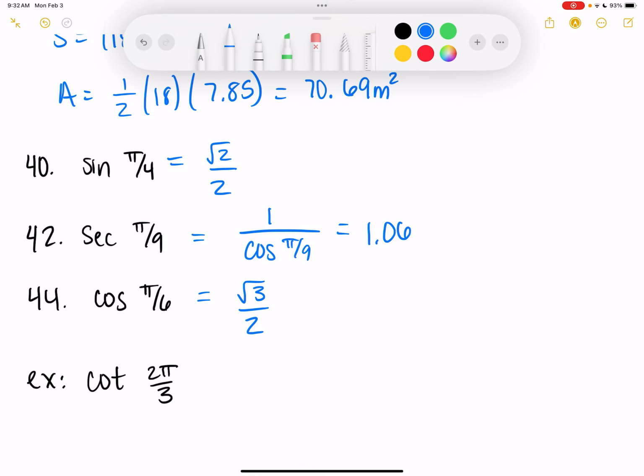Yep, think about it as 1 over the tangent of 2 pi over 3. Now, what's the tangent of 2 pi over 3? Negative root 3. So this is 1 over negative root 3. Need to rationalize it, so what do I end up with? 1 root 3 over 3. Negative root 3. Yep, negative root 3 over 3.